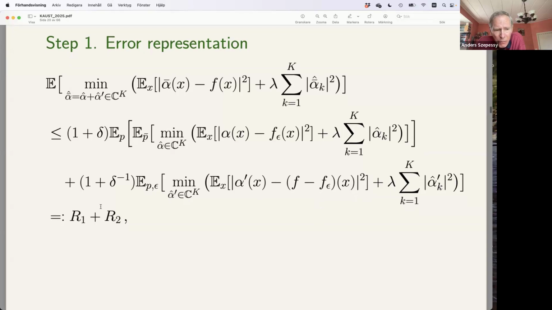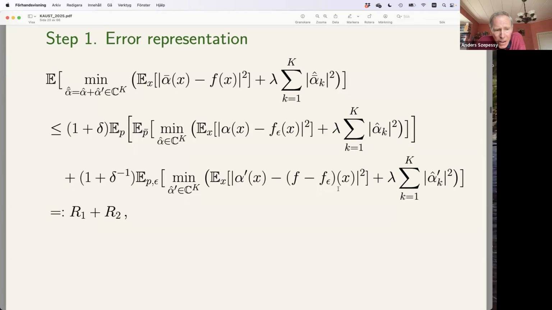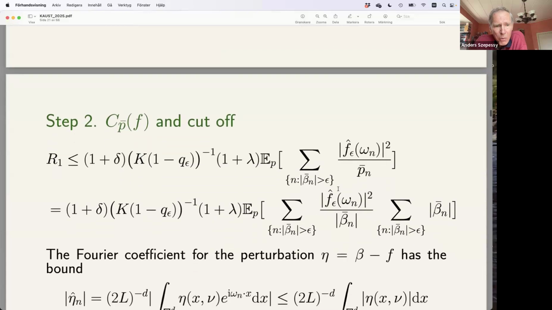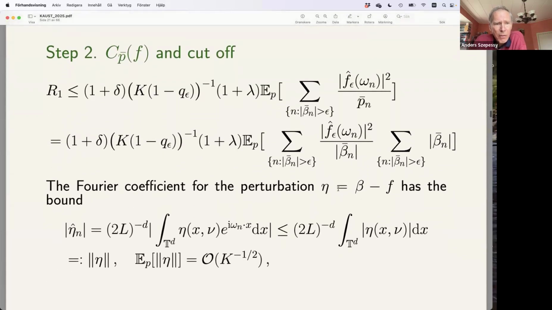That's the idea. So then we have two terms, R1 corresponding to the error here, and R2 corresponding to the error there. And let us now see how we do this estimate.